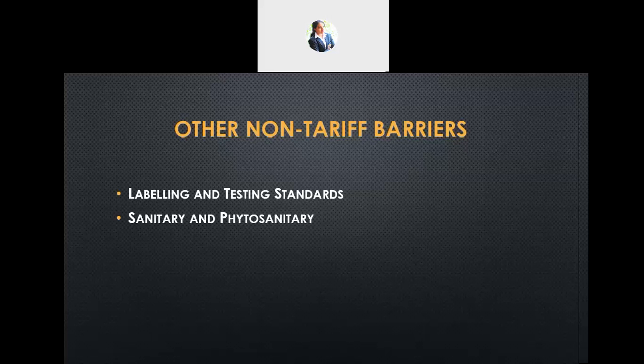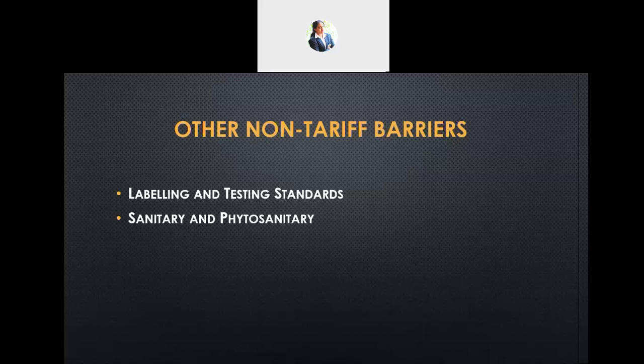Sanitary and phytosanitary measures are also called SPS measures. Now, there is an agreement under WTO called the SPS agreement, and it seeks to lay down the minimum sanitary and phytosanitary standards that the member countries must abide by for international trade of food products.